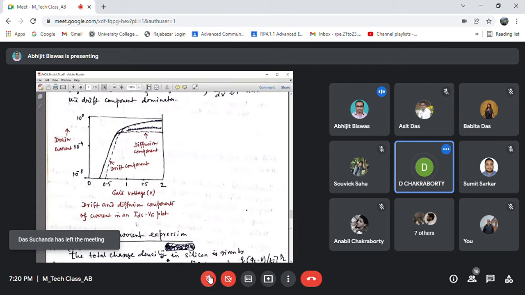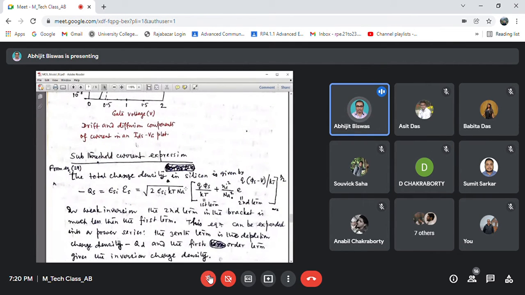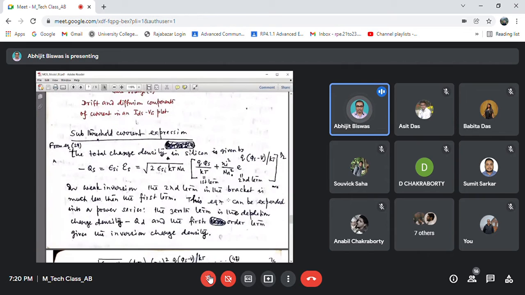Okay. So now I come to the expression for the subthreshold current. You know that the total charge density in silicon can be given by minus Qs, because it is mainly the inversion electrons and also the depletion charge, that is also negative, meaning ionized acceptors.